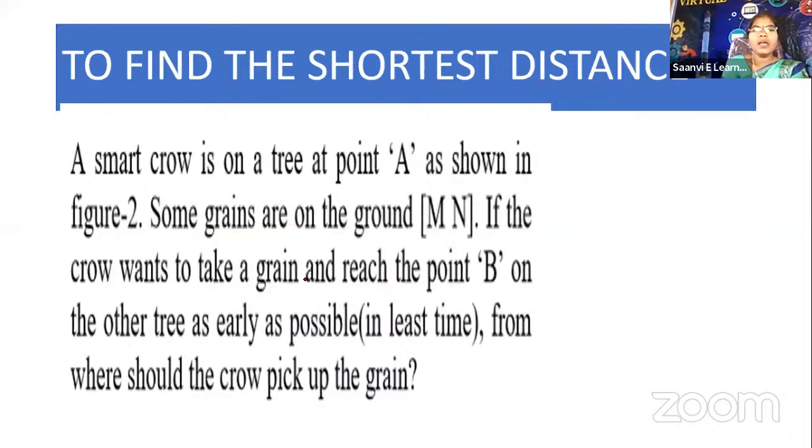Now you can see a smart crow is on a tree at point A. As shown in the figure, some grains are on the ground between M and N. The crow wants to take a grain and reach point B on the other tree as early as possible. From where should the crow pick up the grain?